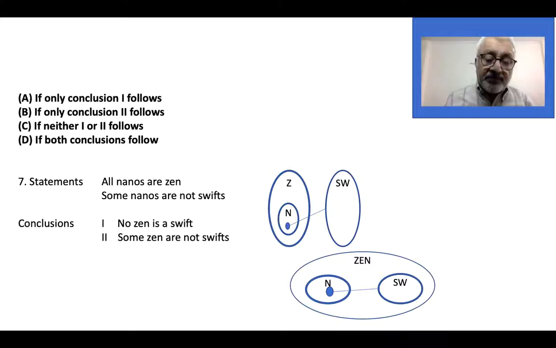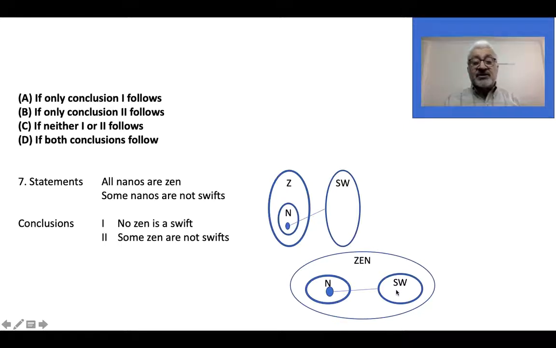Who can stop it? Zen can take in all the Swift. It can take Swift partially also. In other words, we can show Zen to be intersecting Swift from here. So anything is possible because nothing has been confirmed about the relation between Zen and Swift. I hope this point is clear.